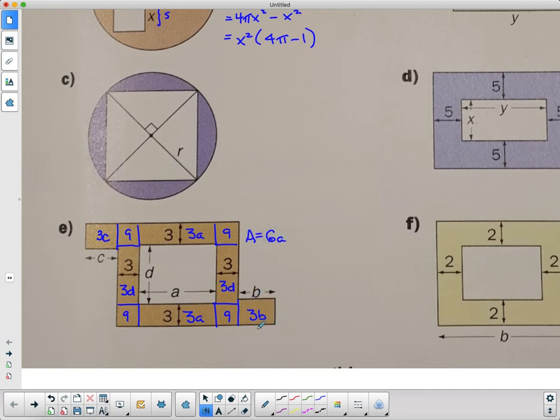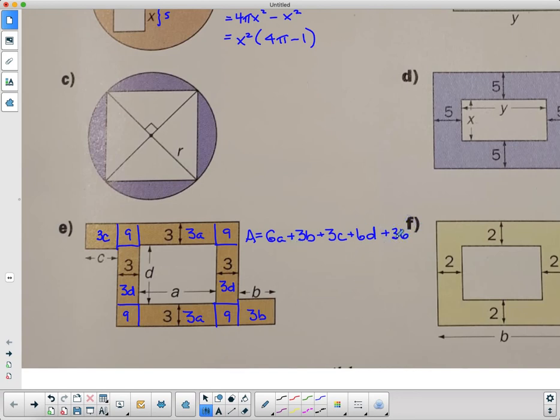And where's the b? Here's the b. We've only got one of those, so plus 3b. And then the c is over here, so plus 3c. And then for the d's, we've got 2 of those, so we actually have 6d. And then the numbers that are left over, we've got these 4 9s out here, so plus 36.